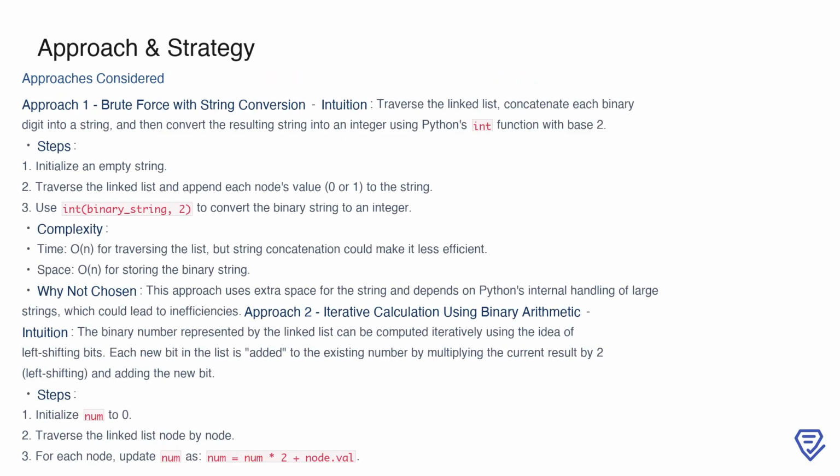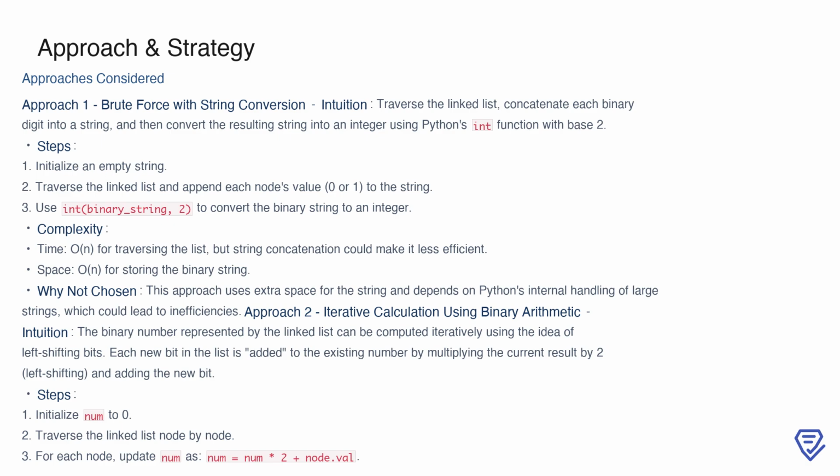To solve this problem, we evaluated 3 main approaches. The first approach, brute force with string conversion, is quite straightforward. The idea here is to traverse the linked list and concatenate each binary digit into a string. Once we have the complete binary string, we can convert it to an integer using Python's built-in int function with base 2.